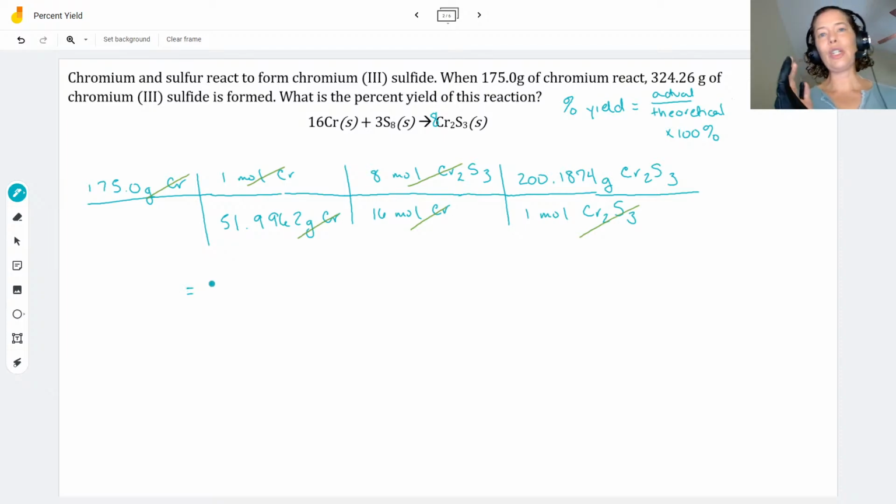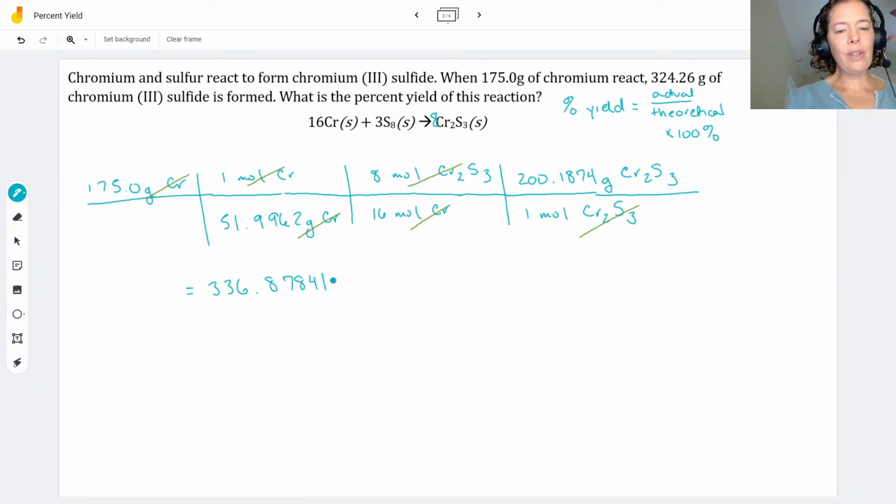So that's always a good sign when your units are canceling and you get what you expect. If ever you're doing that cancellation and something goes wrong, go back and check your calculation because something has gone awry there. Okay, so if we put this in our calculator, we get this number right here.